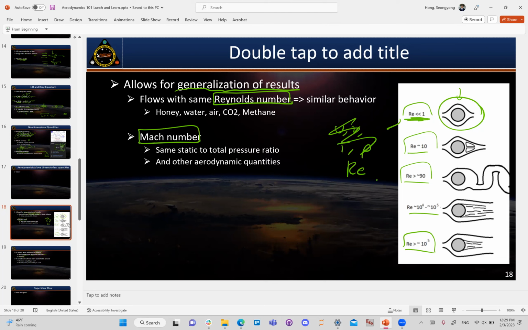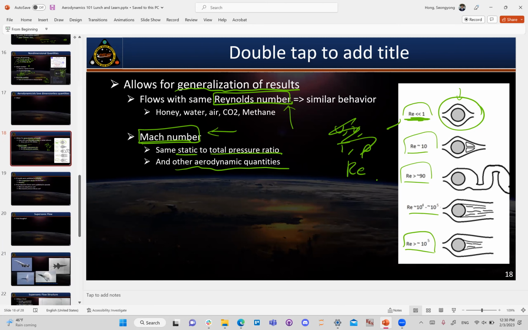I mentioned that it's an aerothermodynamic quantity, and just knowing the Mach number and a couple of other things allows you to calculate the static to total pressure ratio, which I mentioned was important in figuring out airspeed, and other important aerodynamic quantities. So you see a lot of dimensionless quantities, and they're done for easy communication between other aerodynamicists and allowing you to generalize results.